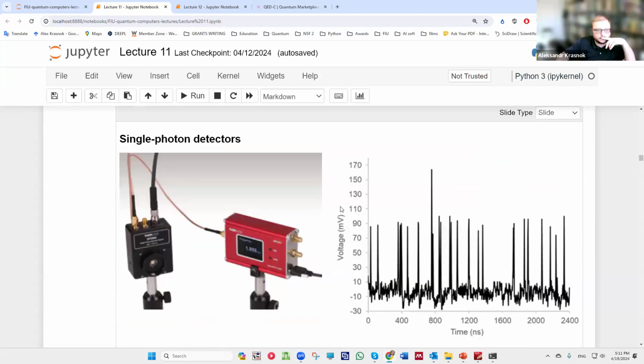In terms of photonic quantum computers, we said that we can encode the information, the quantum state, in different degrees of freedom.